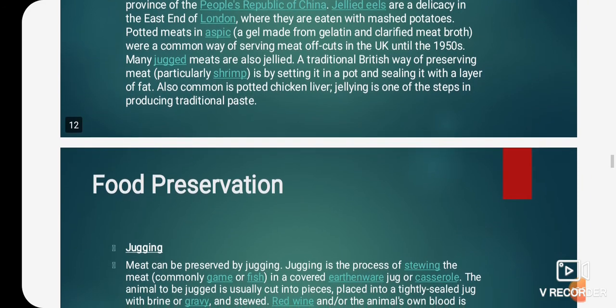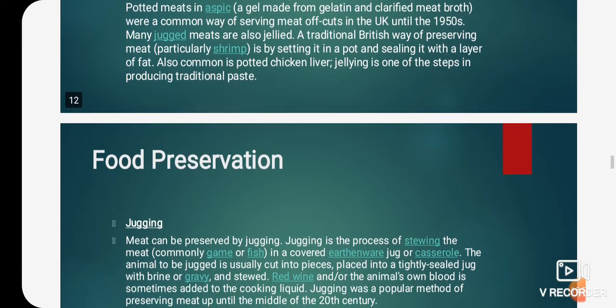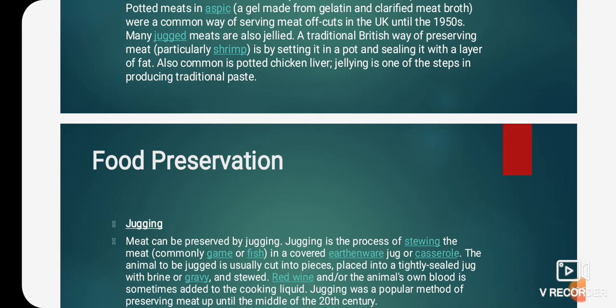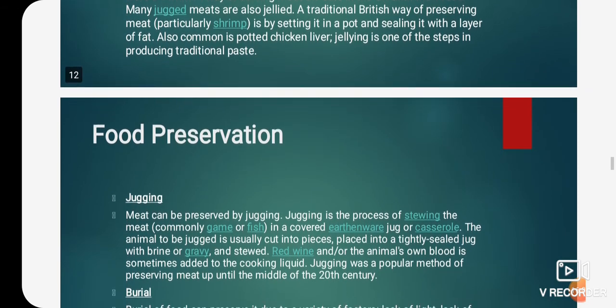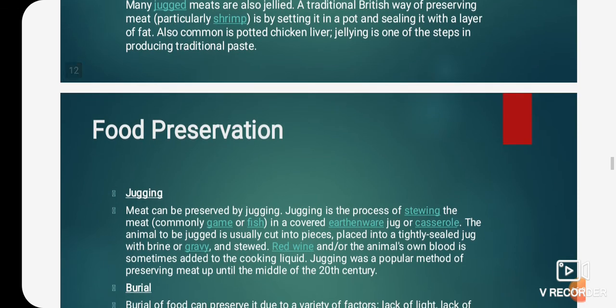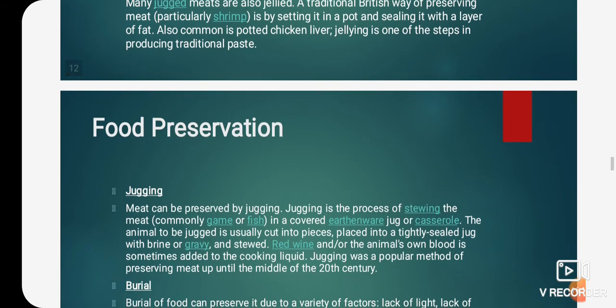Next process is jugging. Meat can be preserved by jugging. Jugging is the process of stewing the meat, commonly game or fish, in a covered earthenware jug or casserole.